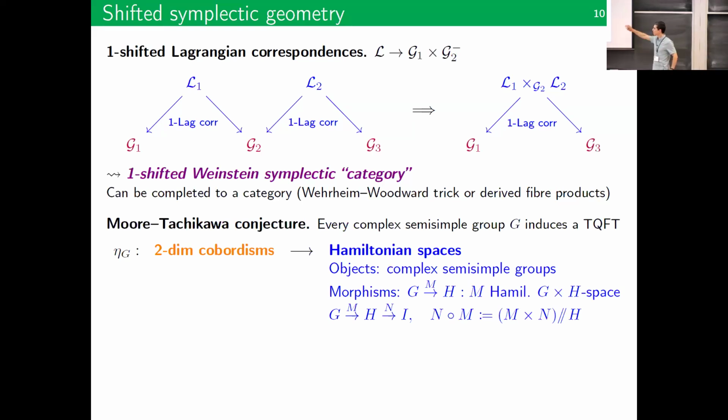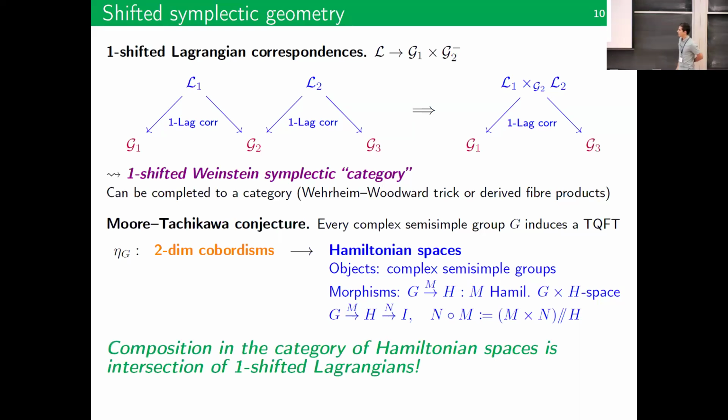And just as we saw that Hamiltonian reduction can be viewed as a one-shifted Lagrangian intersection, this composition here, which is a Hamiltonian reduction, but keeping track of some residual actions of G and I, can be viewed as a Lagrangian intersection of one-shifted Lagrangian correspondences. So composition in the category of Hamiltonian spaces is nothing else than intersection of one-shifted Lagrangian correspondences.